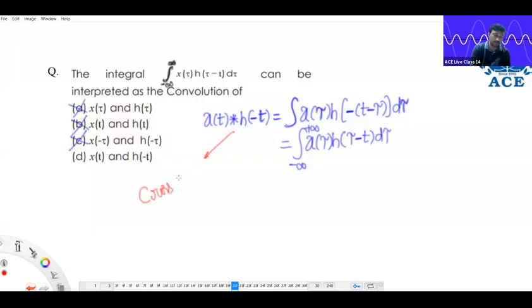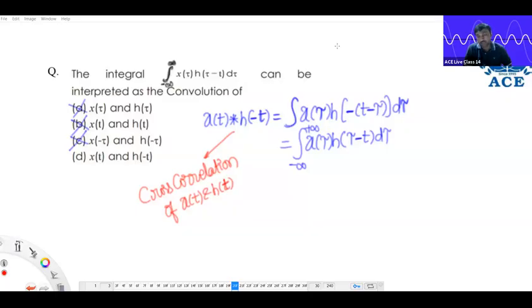When you are convolving one signal with another signal's folded version, it is called cross correlation. The concept of correlation, autocorrelation and cross correlation, we are going to observe in the Fourier transform chapters. We are learning some techniques there, spectral density. Correlate means compare the signal.